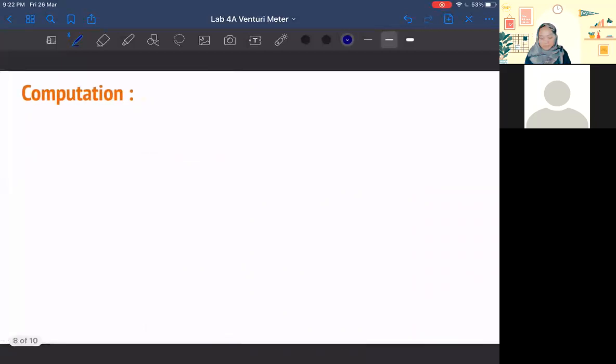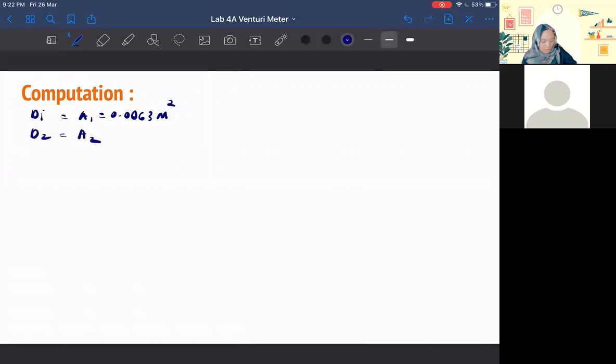Firstly, we have the diameter inlet. Diameter 1 is diameter inlet. So from the diameter inlet, I can calculate the area inlet, which is equal to 0.0063 meters squared. And A2 is the diameter outlet.